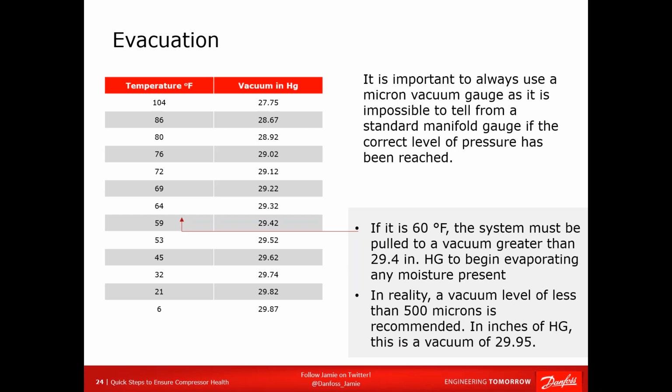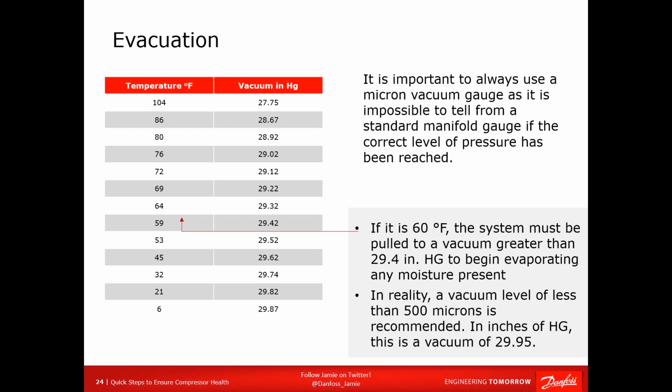Another topic that is important, of course, is evacuation. So when you evacuate a system, the easy part is getting rid of the non-condensables. I mean, if you're trying to get the nitrogen out of there or whatever happens to be in there, that's relatively easy. The hard part is getting the moisture out of there. Now, here's the reality.